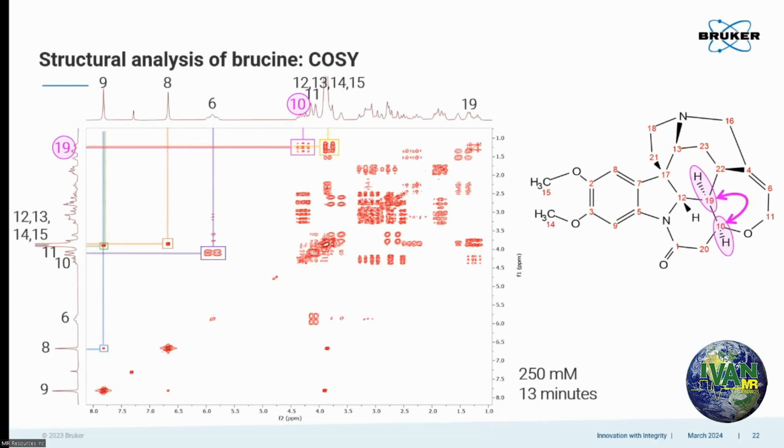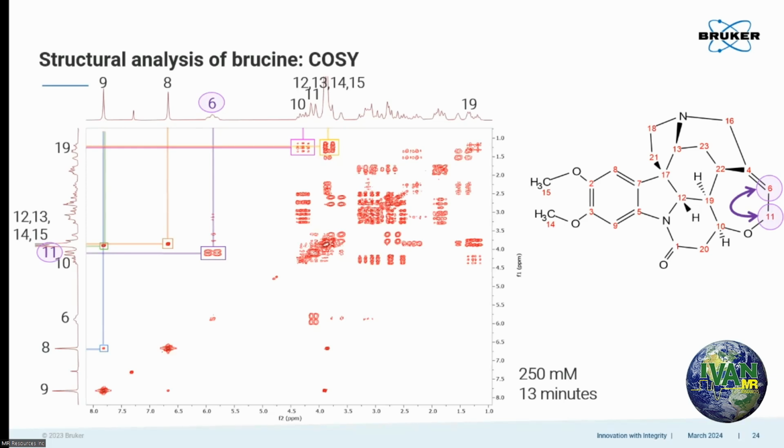So those protons on carbons 19 and 10 give us a nice to interpret correlation in pink. We see those aromatic peaks giving us a nice cross peak, as well as the vinyl proton on carbon 6 and the protons on 11 give us a nice cross peak. But we can see that that vinyl proton has some additional coupling partners that's a bit hard to see because of all of the overlap we have in the aliphatic region.